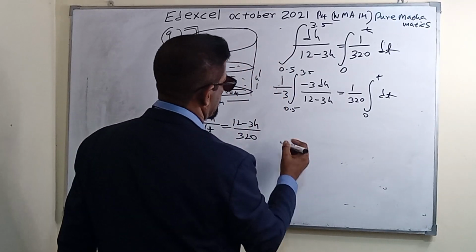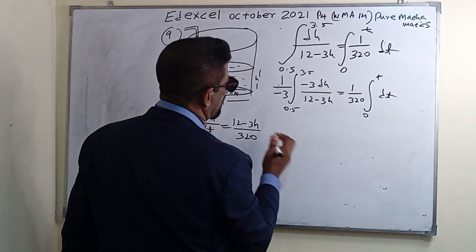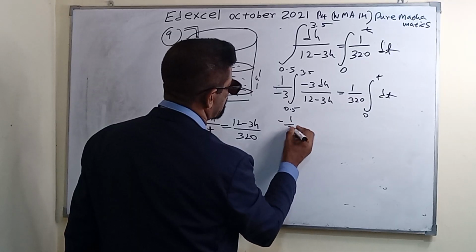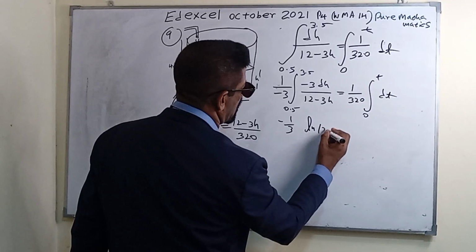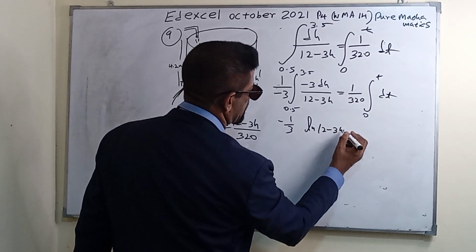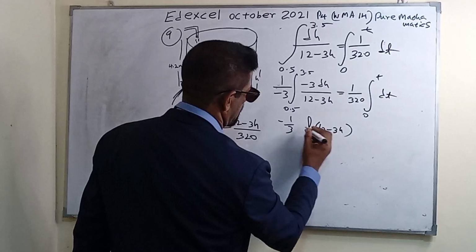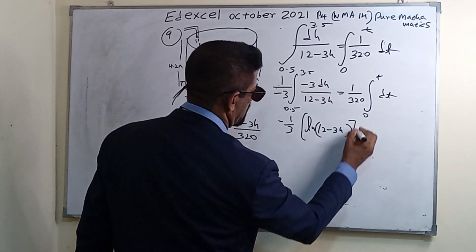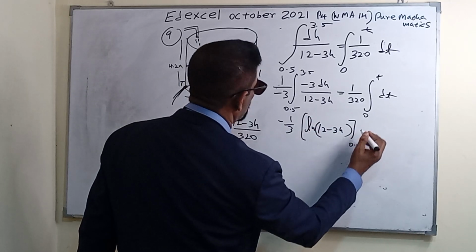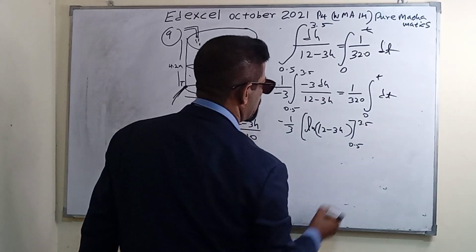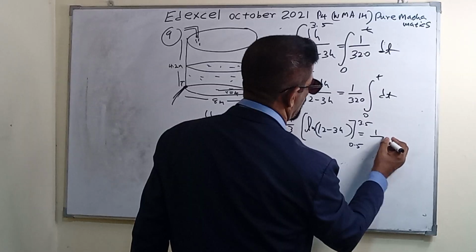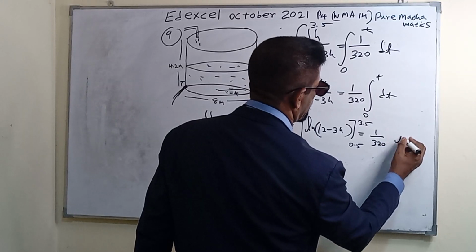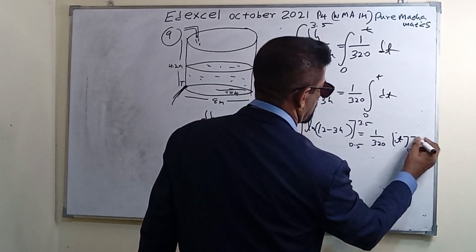Then you can write minus 1 over 3 ln of 12 minus 3h from 0.5 to 3.5, equals 1 over 320 t from 0 to t.